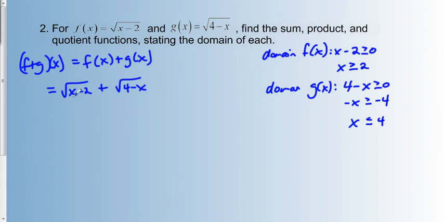Those are not like terms. So that's what it is. The domain is whatever these two things have in common, which is x is between 2 and 4, including both.